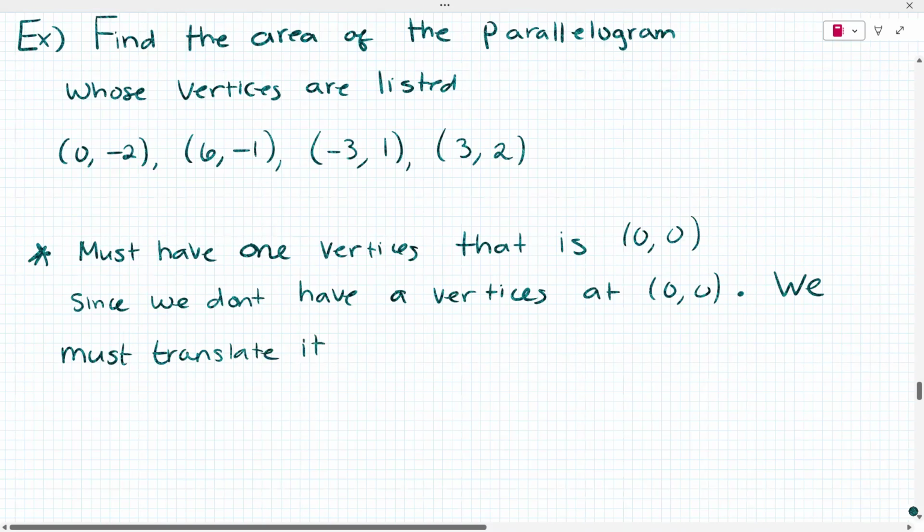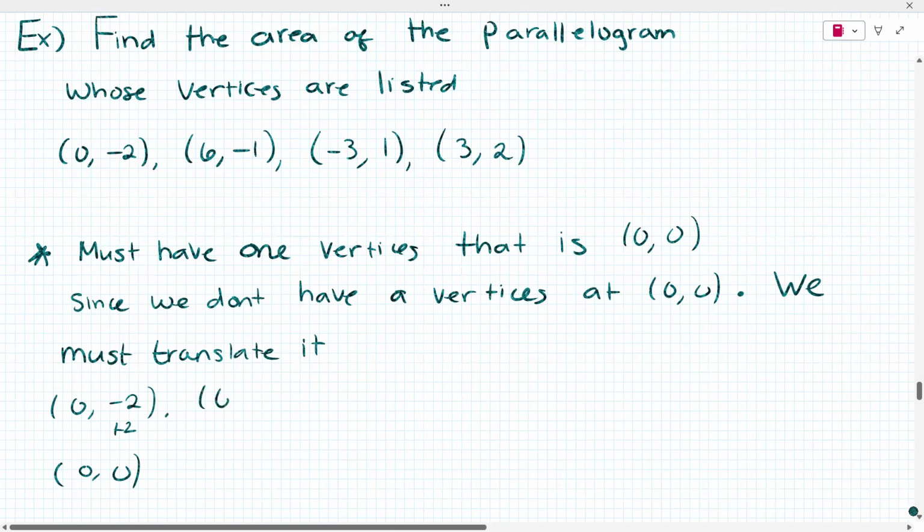So, for example, 0, -2. In order for this -2 to be 0, we must add 2, right? So this would be 0, 0. And since you added 2 on the y, you've got to do it for all the vertices. You can't just do it for one.